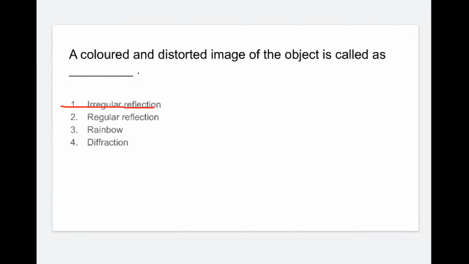The answer is irregular reflection. Because the surface is rough, though the incident rays are parallel to each other, the reflected rays are not parallel to each other. This is the reason why a person who sees a rough object is able to perceive that the surface is rough and not plane.